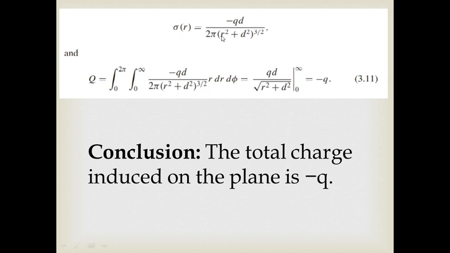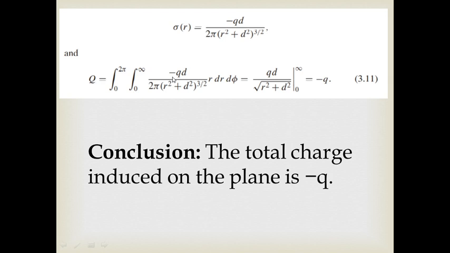Here we have substituted x square plus y square equal to r square. So this integration can be carried out over the two coordinates r and theta, where r changes from 0 to infinity and theta varies from 0 to 2 pi.